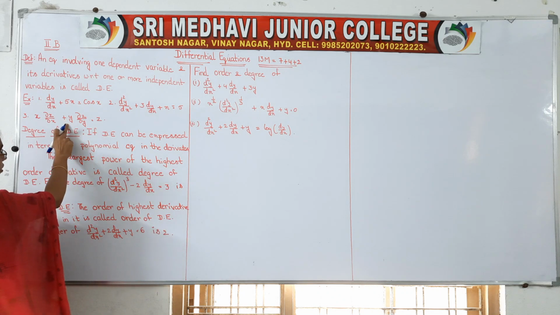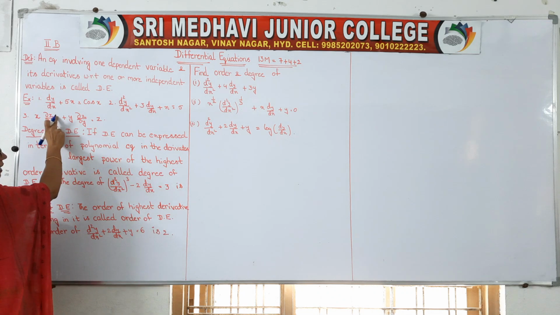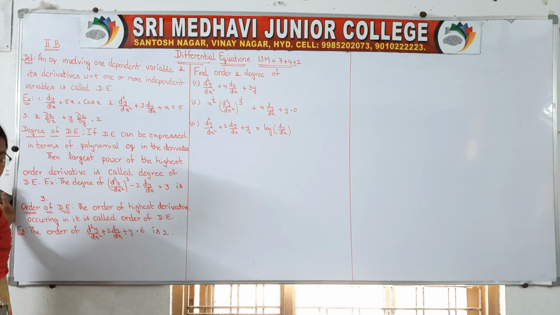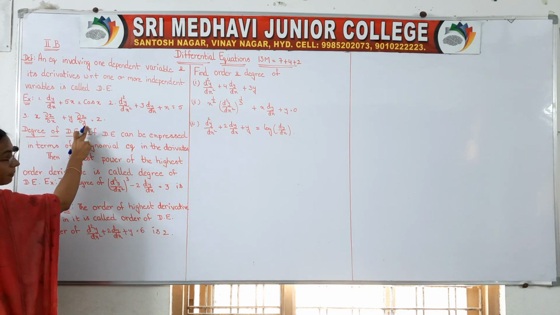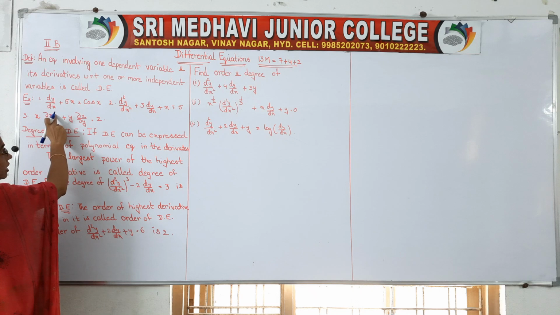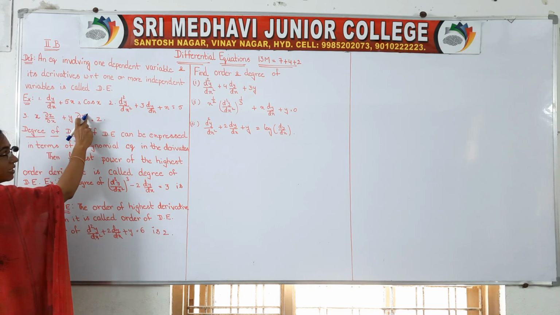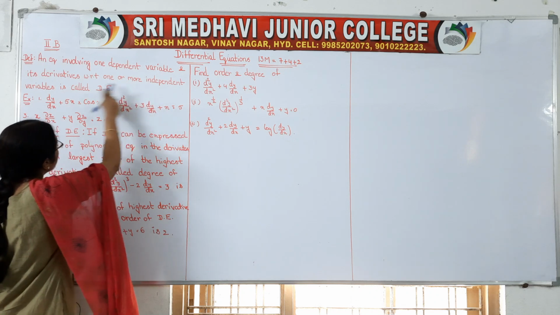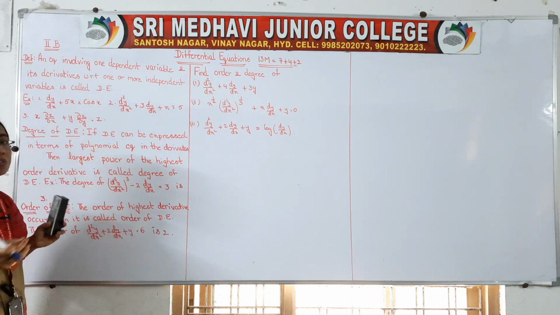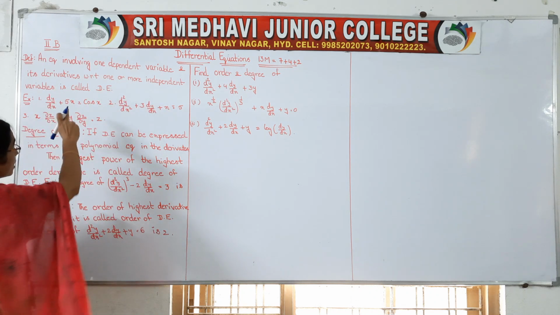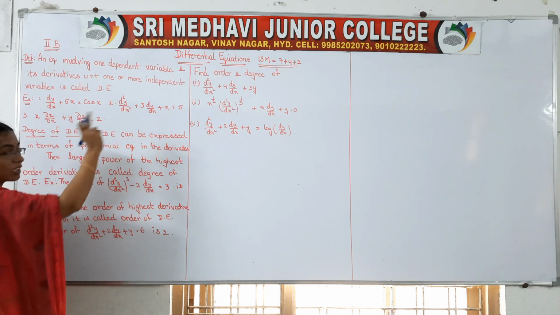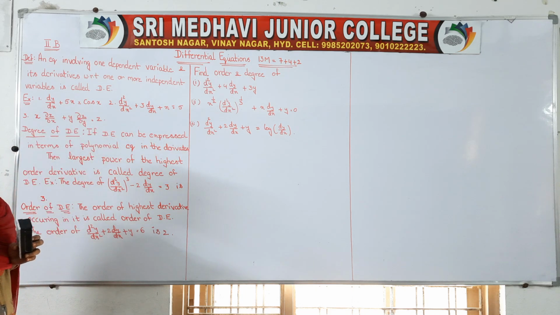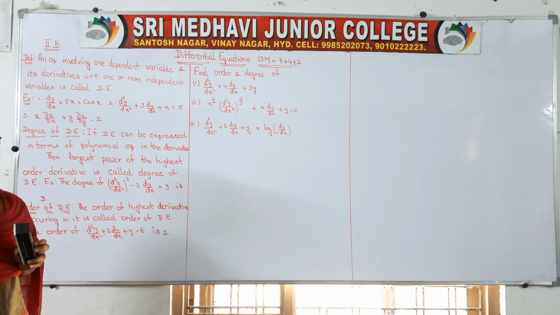Now come to the third one. If you observe, z is the dependent variable here. That means z is an expression in terms of x and y. So we differentiated z with respect to x and z with respect to y. In the earlier two cases we differentiated only with respect to x, one independent variable.